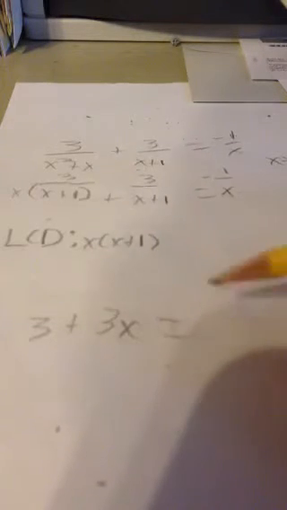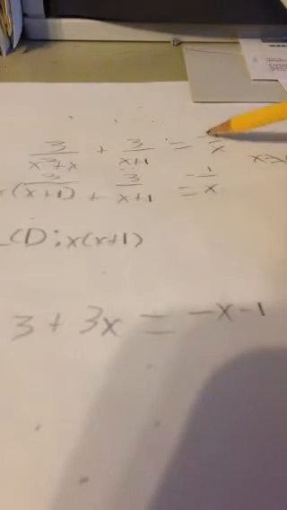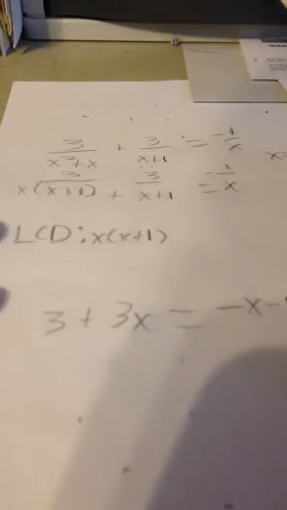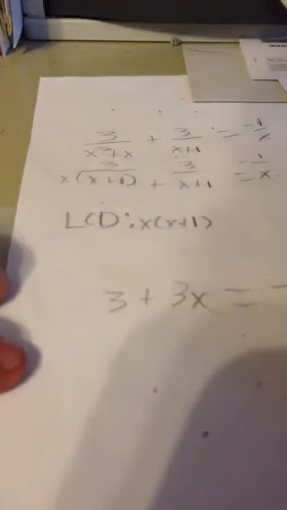So this equals negative x minus 1, because you gotta distribute the negative once you multiply. And then subtract 3 to isolate x.